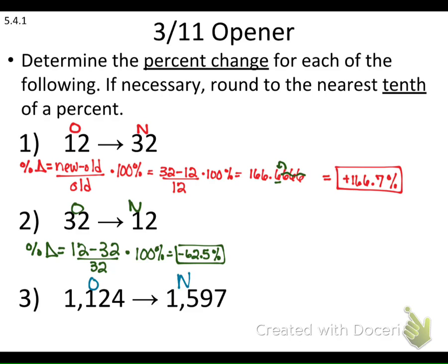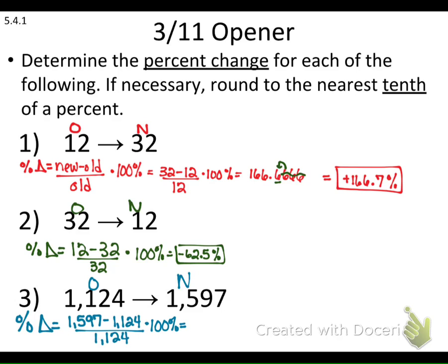Okay, I might run out of room here, so I'm going to start with percent change. I start with my second number because I want to start with my new number, minus the old number, and the old number down, times 100%. Okay.